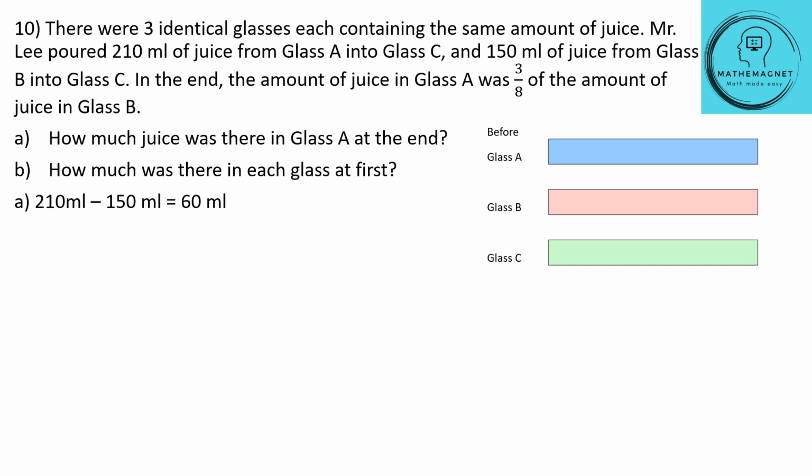So the difference between glass A and glass B, in the amount of juice that was taken out, is 60 ml. Now keep in mind that the fraction becomes 3 by 8.